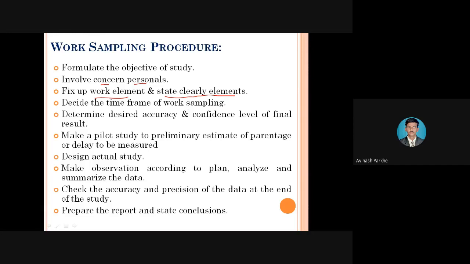So in the morning session, he will visit. In the afternoon session, he will visit, and in the evening session also, he will visit. So during that particular visit, whatever the time is required, that time frame also we have to decide in case of work sampling.